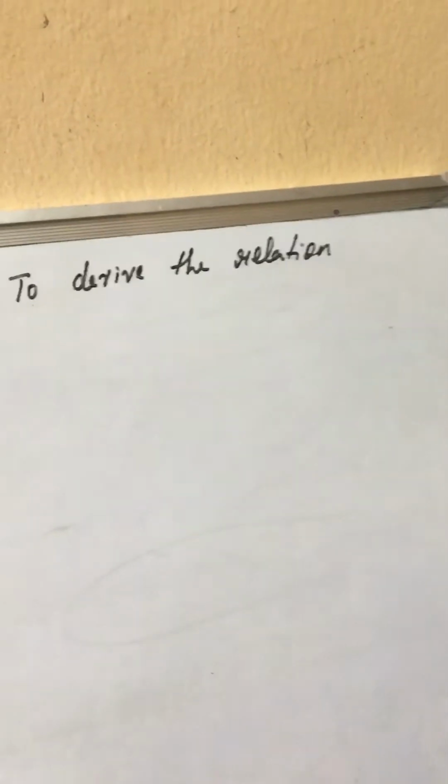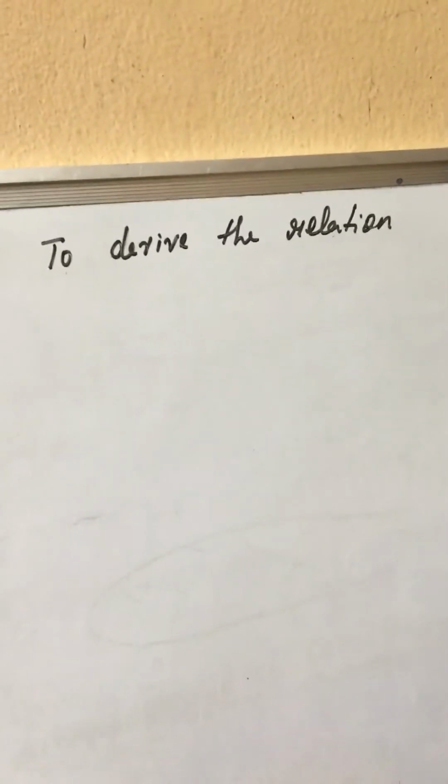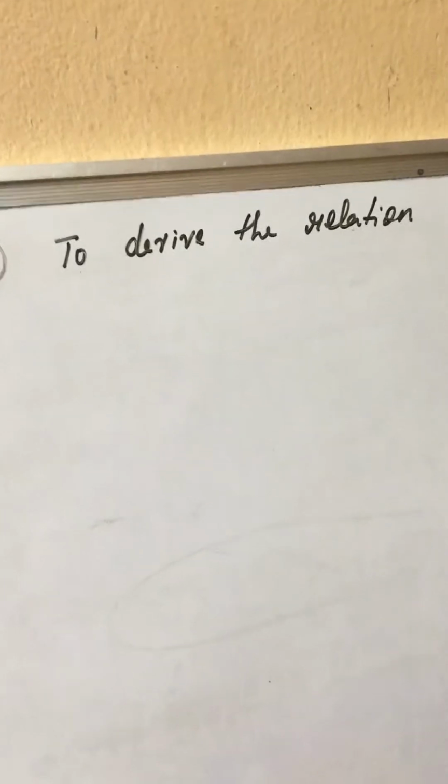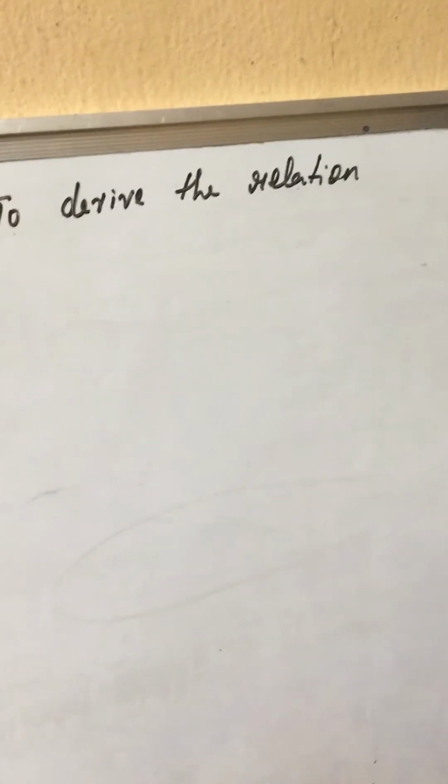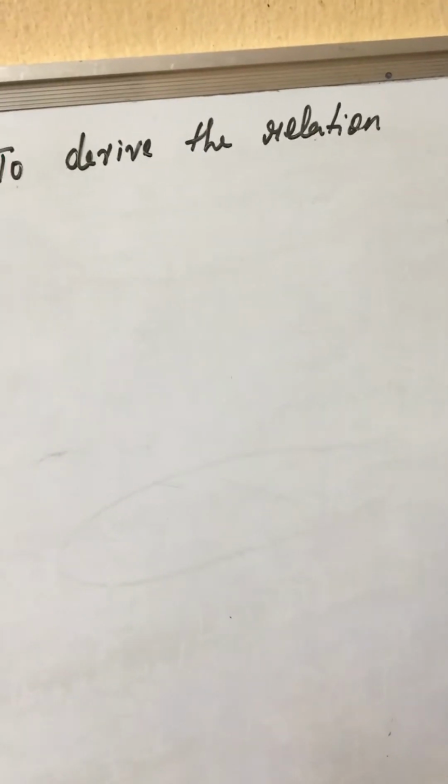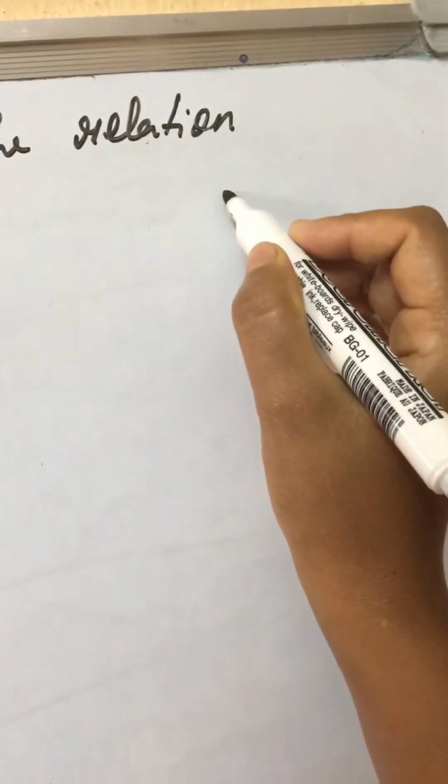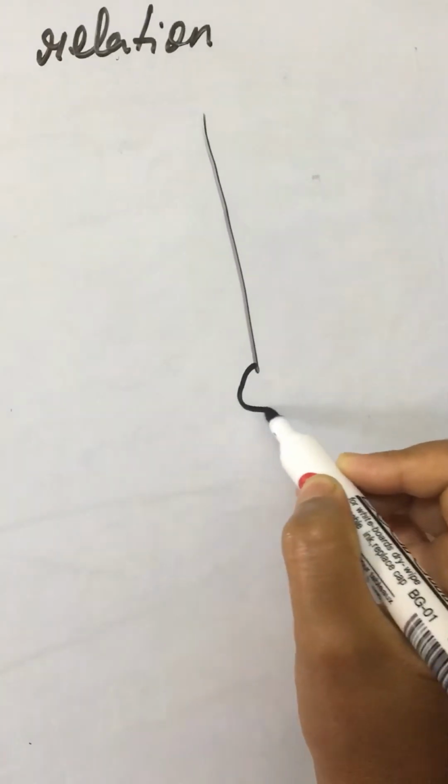Any relation doesn't mean all the relations, but most of the relations we can derive by means of dimensional analysis. Like for an example, this is also there in your homework. I have given it to you in your notes also, but because it's mostly done, I'm doing it.